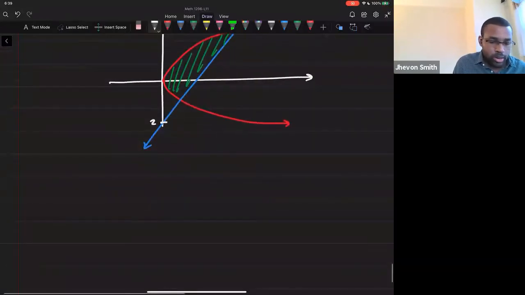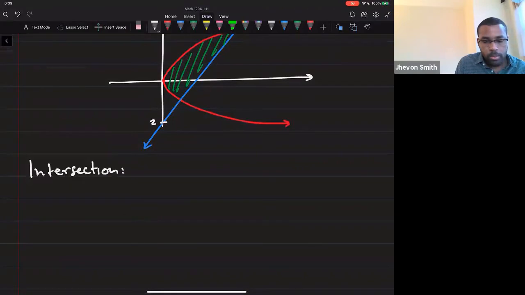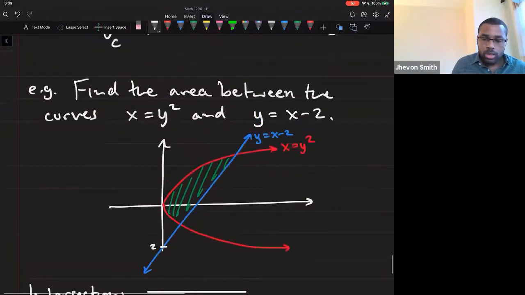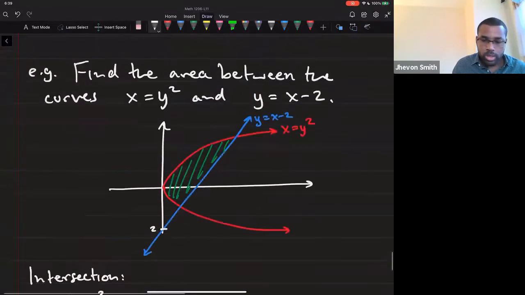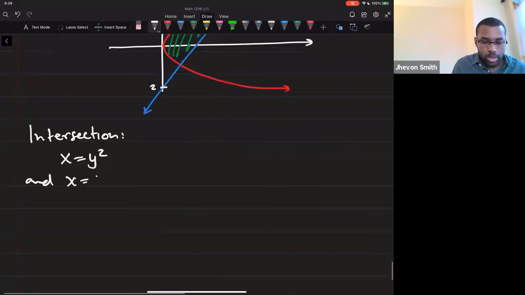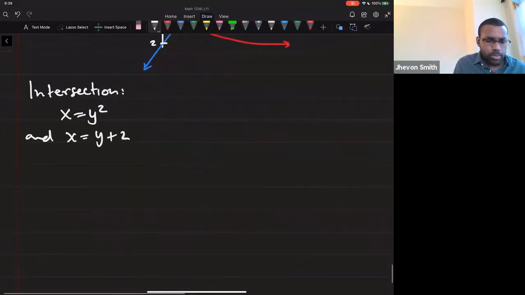So just as before, I can find the intersection. I know that I have x equals y squared, and I have x equals y plus 2. This means I want y squared equals y plus 2.